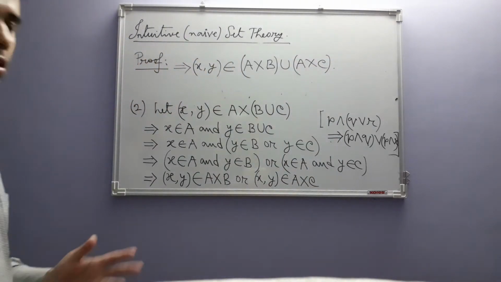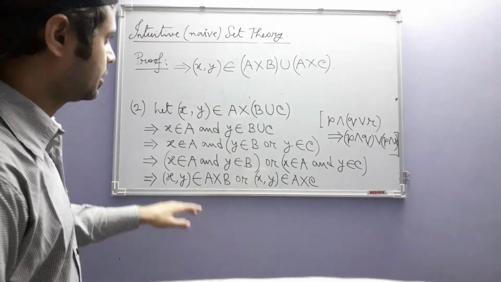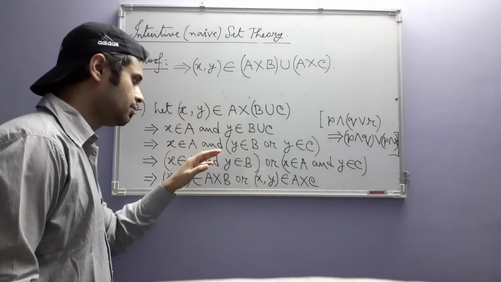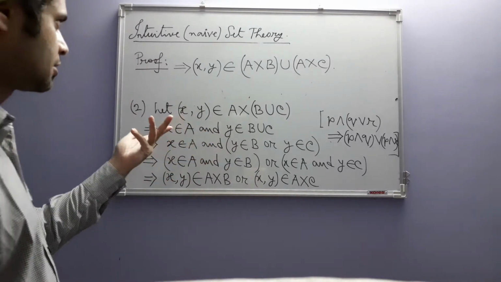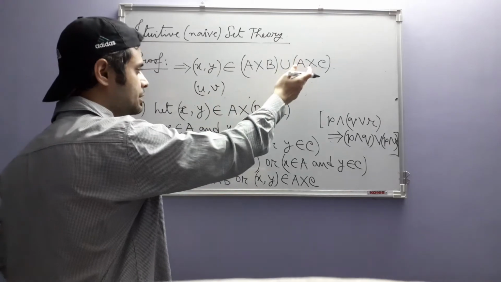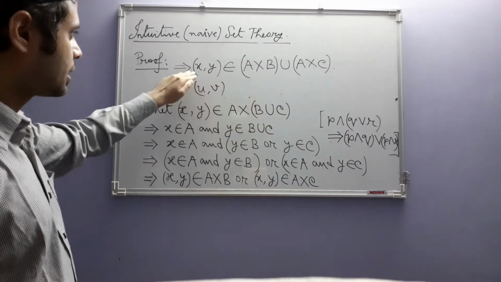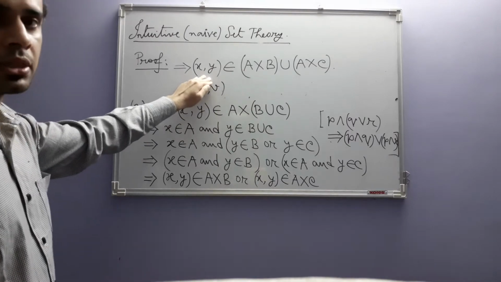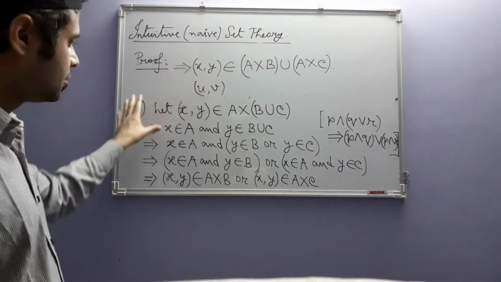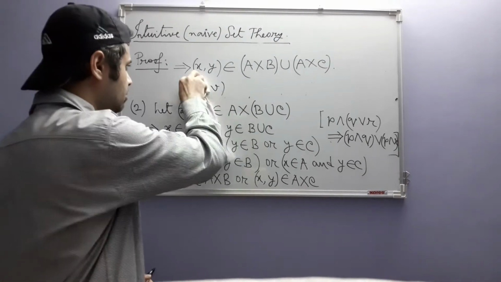Now, as I have already told you, we can go back. Instead of again taking another element, for example (u, v) belonging to this set and showing that that ordered pair belongs to this set, we can go back from here, but keeping in mind that whatever we are doing is logically correct, logically sound.